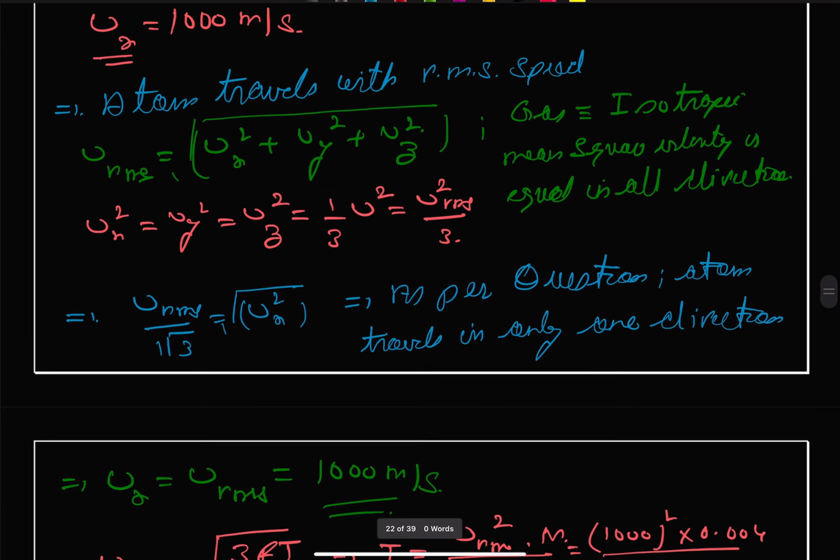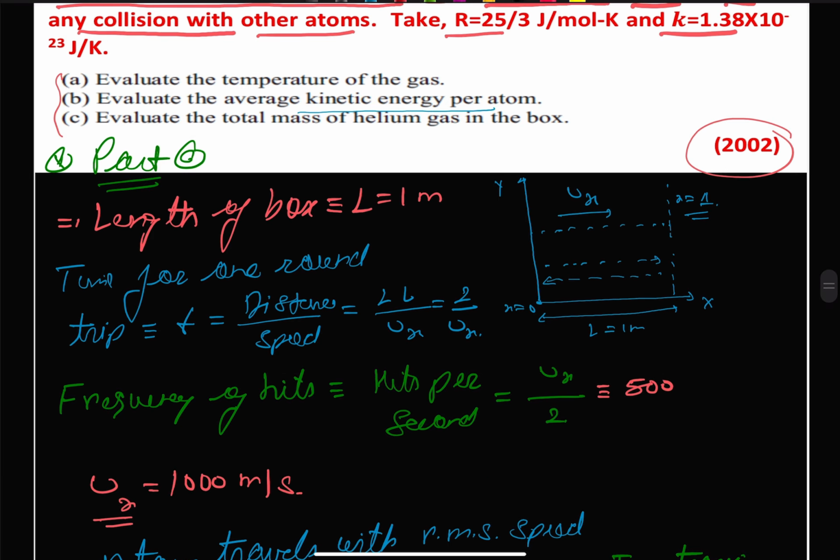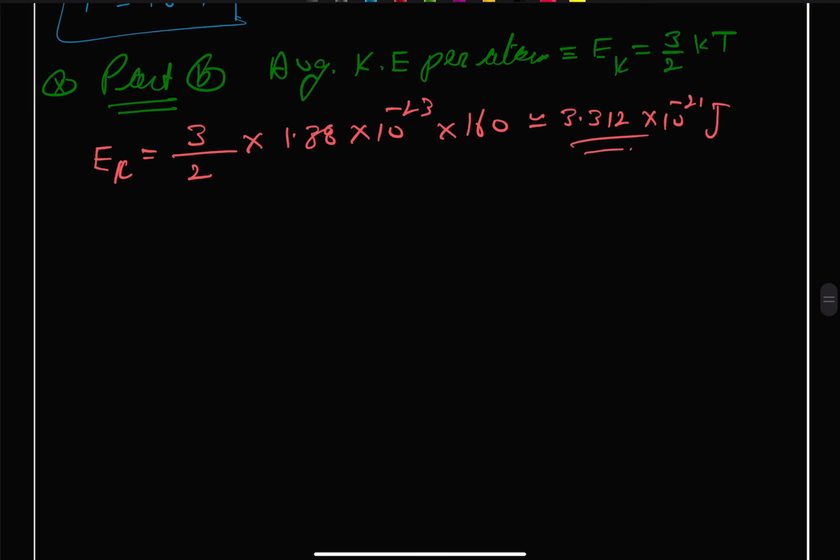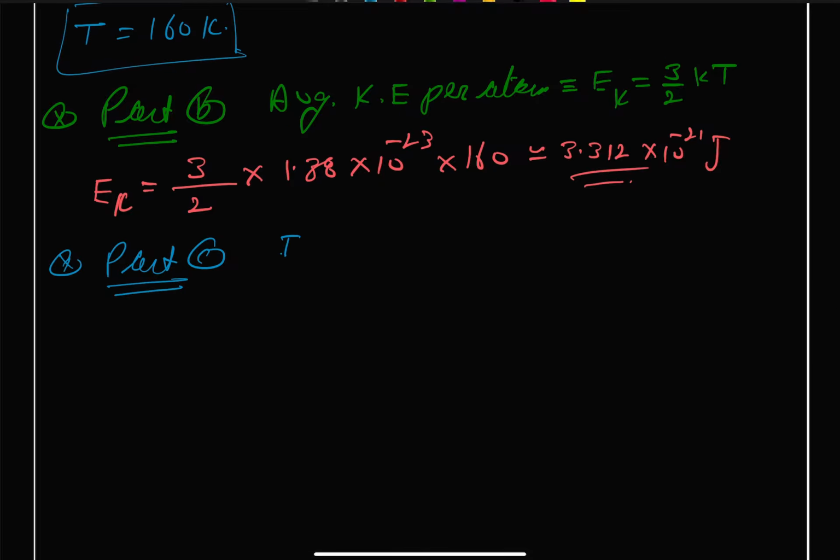Okay. And finally, the total mass of the helium in the box. Okay. So we can use our ideal gas. From there we are going to find out number of moles, and then we can find out our total mass. So part C, we are going to use ideal gas equation.